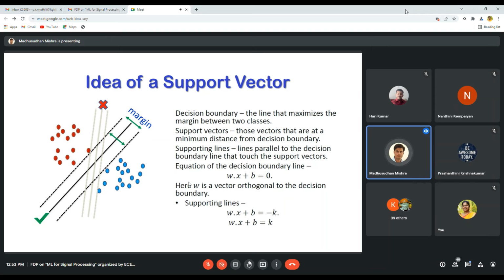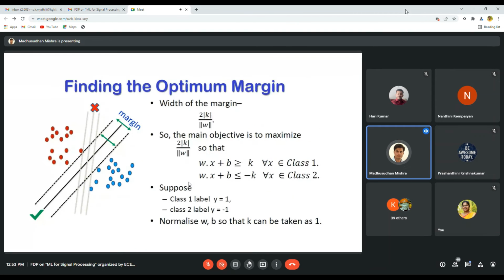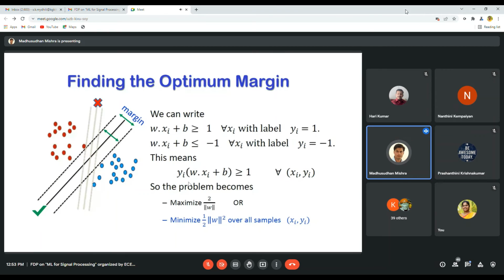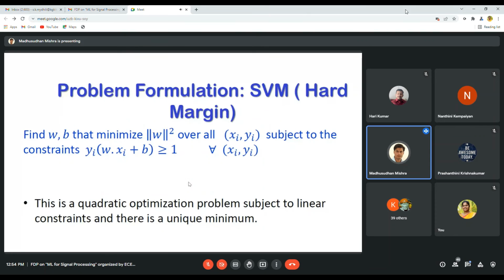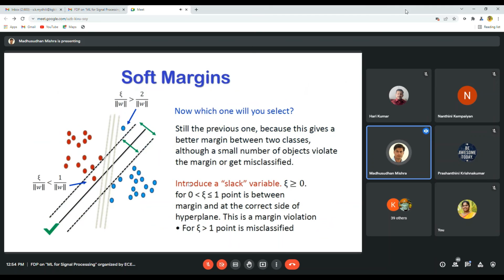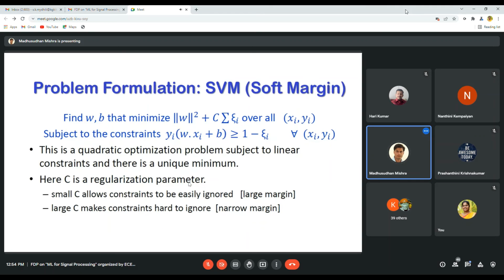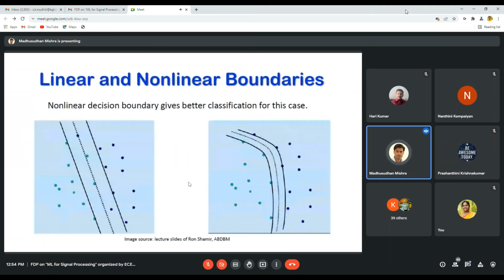Then we have supporting lines, lines parallel to the decision boundary that pass through the support vectors. Then we write the equation and follow an optimization problem. We are not going into much detail, but it is well developed, and we try to maximize the margin using an optimization technique, with the problem formulation and so on.